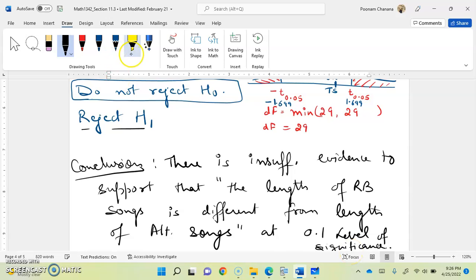So your conclusion always has to be in terms of the alternative hypothesis. We are rejecting the alternative hypothesis, so there is insufficient evidence to conclude that.